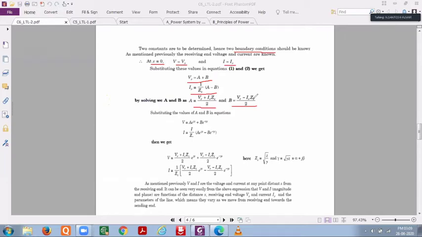So current we are dividing with the impedance and a negative sign. That's it. So I got A and B. After substituting your boundary conditions in your equations V and I, I'll get VR and IR. If I simplify it further, I'll get my A and B.